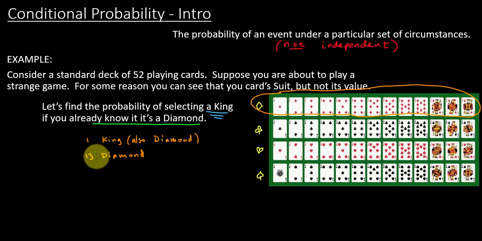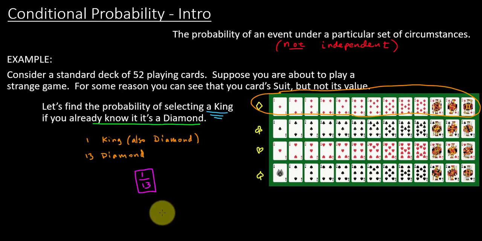So can we guess the probability of getting that king if we already know it's a diamond? Isn't that probability going to be 1 out of 13? I believe so. So we obtained this answer via intuition.